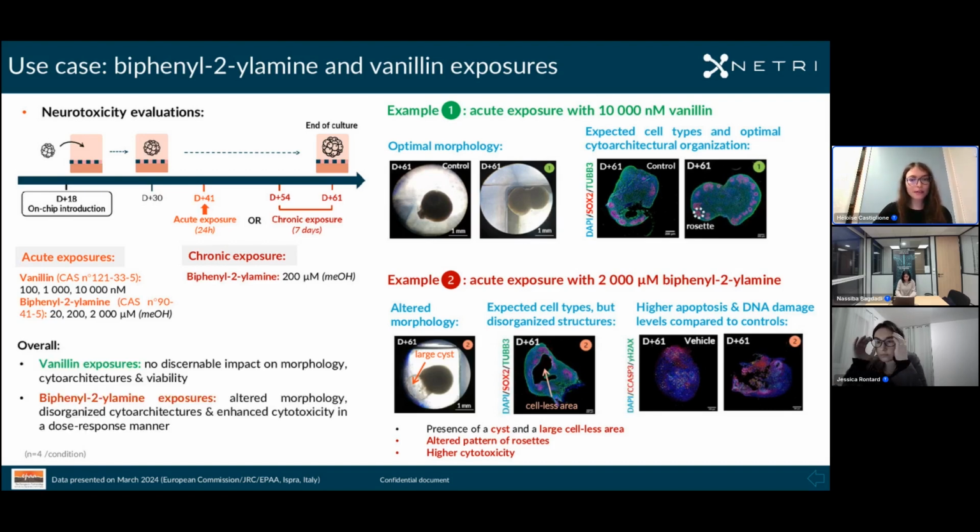And so, taken together, the results of these neurotoxicity studies demonstrated no discernible impact of the vanillin on the neurodevelopment in cortical organoids, while they revealed a toxicity induced by the biphenyl in a dose-response manner.